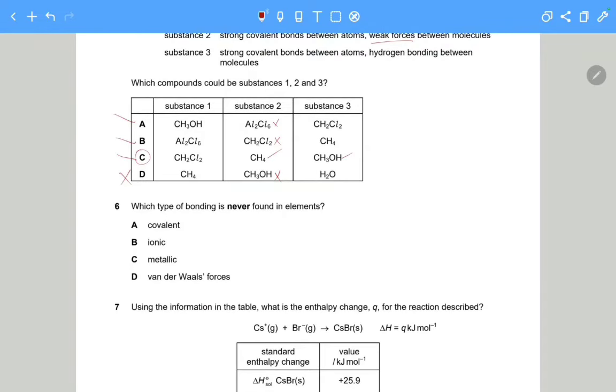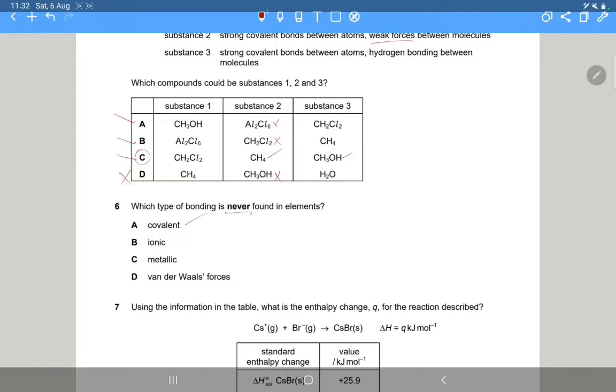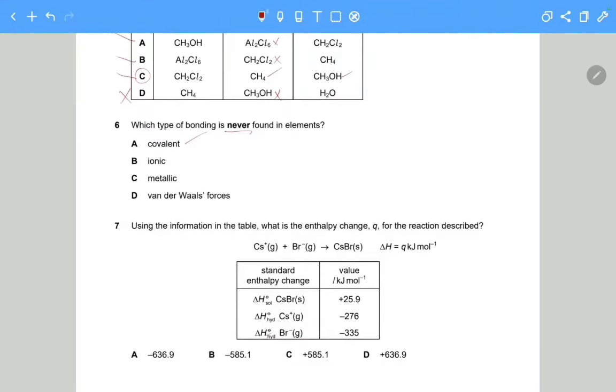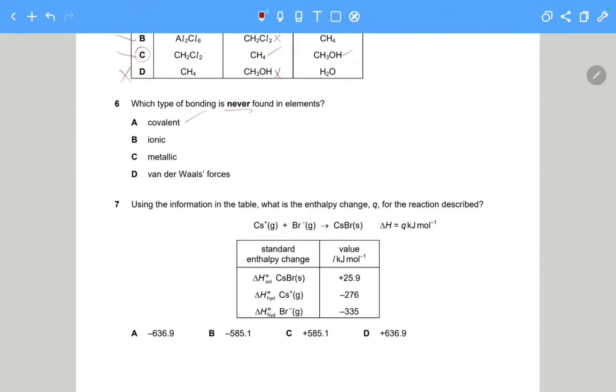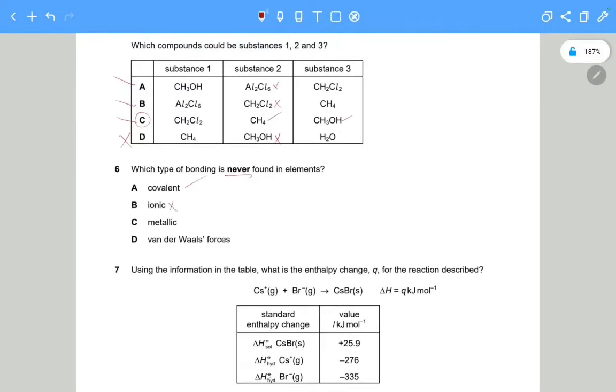Question 6. Which type of bonding is never found in elements? Covalent, yes, found in oxygen, hydrogen. So this cannot be the answer because it says never found in elements. Then ionic, no, it's not found in elements. It's only found in salts and ionic compounds, so therefore definitely they cannot be found in elements.